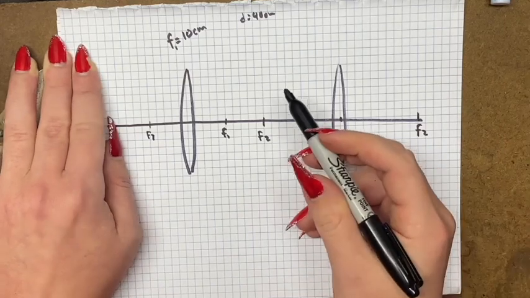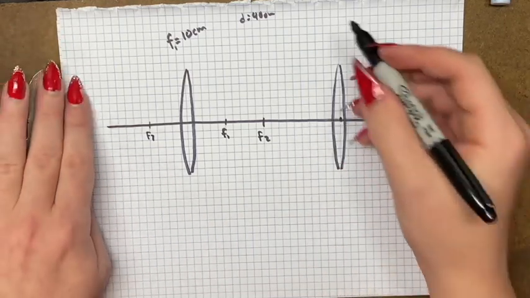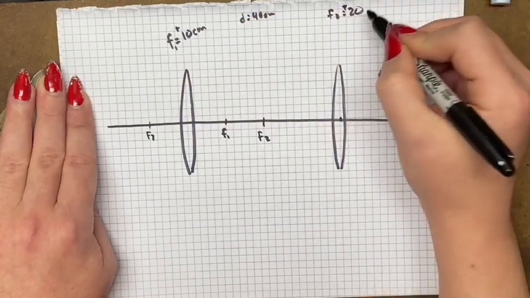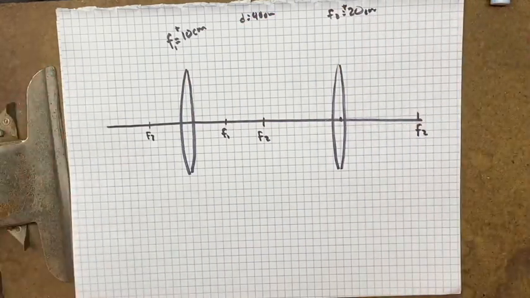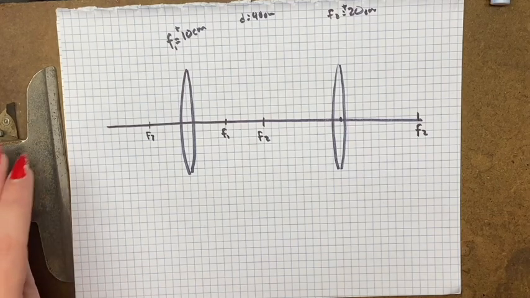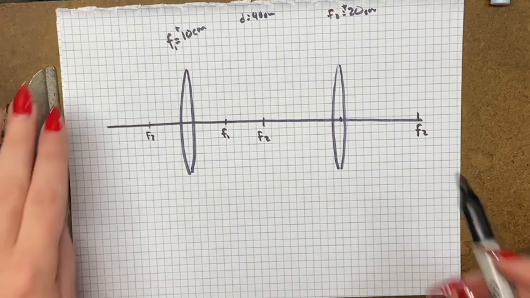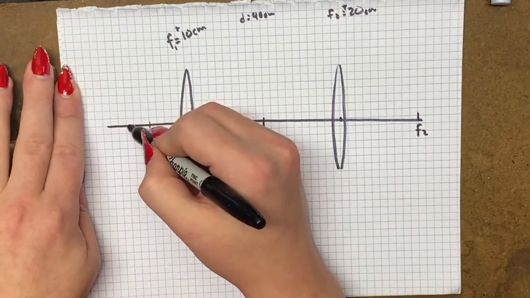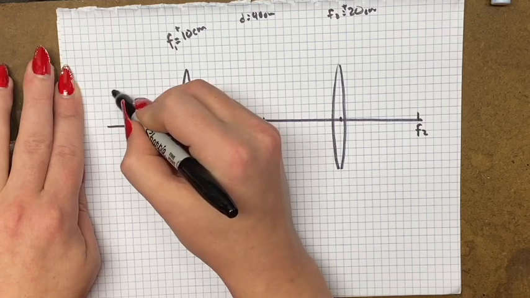All right, and I want to put the object somewhere over here. These are going to be positive because they're convex lenses. I think I've got one that will do what I want this demo to do. So let's say that my object is here at 15 centimeters.